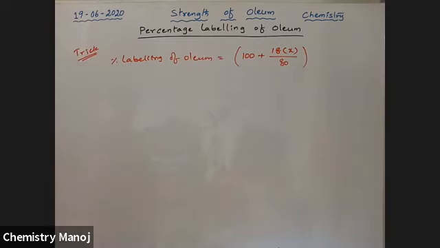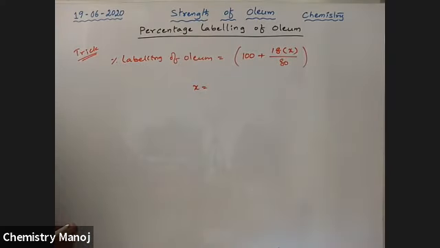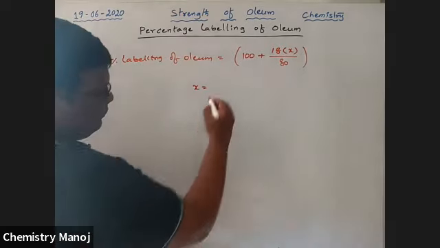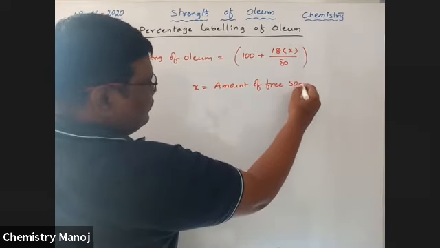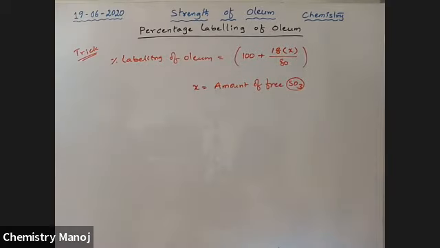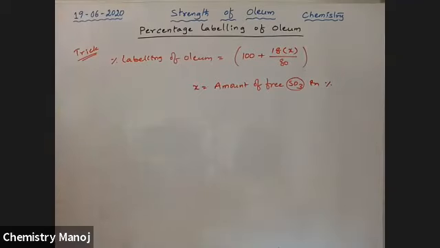It is a trick to find the percentage labeling of oleum. Here x is equal to the amount of free SO3, the percentage of free SO3.